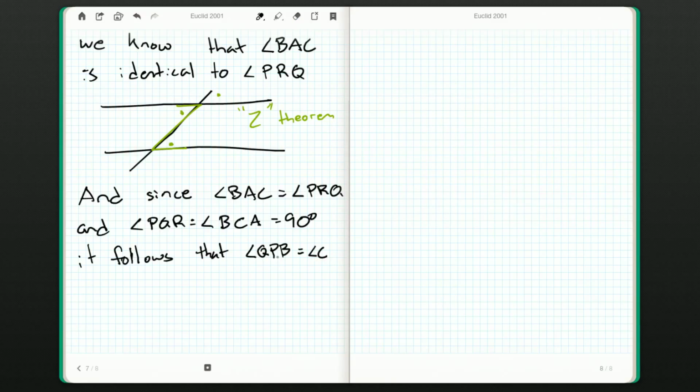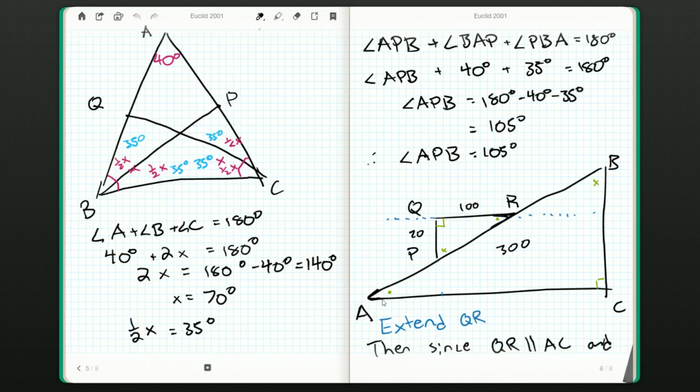QPR, not R, QPR, CBA. I really wish that they had labeled them alphabetically. So P should correspond to A, and then R should correspond to C, and Q should correspond to B. They didn't label them alphabetically, so that's a disappointment I have with this problem, but that's okay.